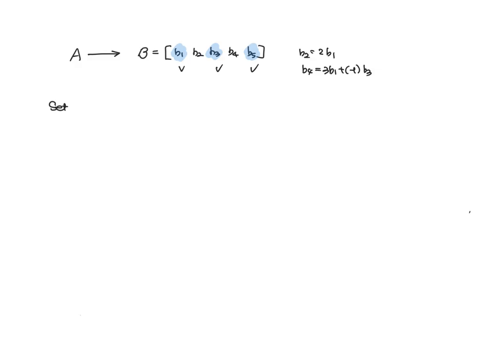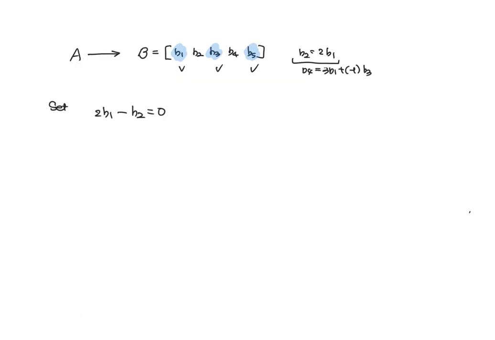And in the case of the B matrix, if I choose linearly independent vectors from the B matrix, then the corresponding columns in A will be independent, right? Now, if I consider some linearly dependent vectors in the B matrix, for example, the set of B1 and B2 will be linearly dependent because they satisfy a linear dependency relation. So in the case of B1 and B2, 2B1 minus B2 will generate the 0 vector.